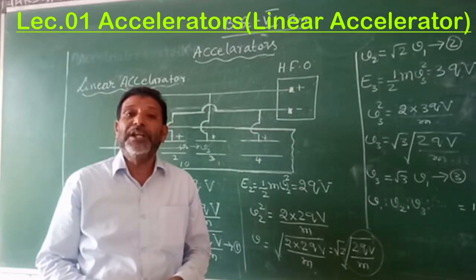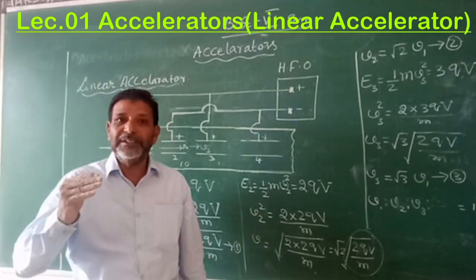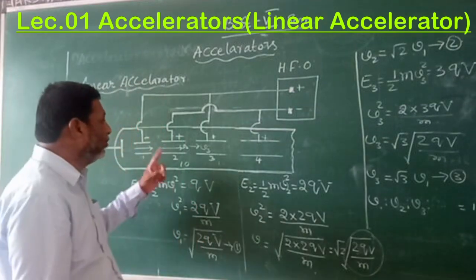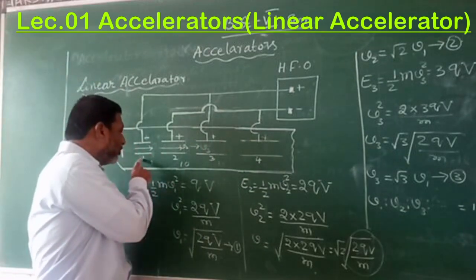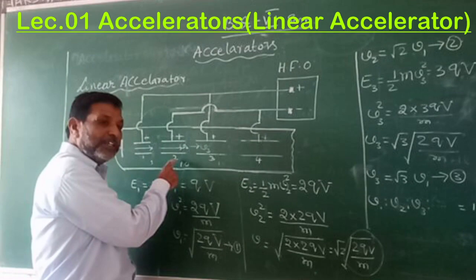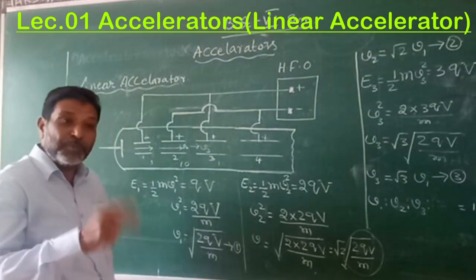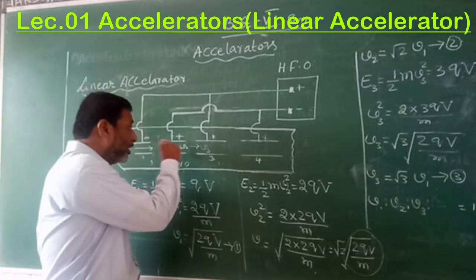You must calculate at what rate the lengths of the tubes should be gradually increased. That means if the length of the first one is some value, then what should be the length of the second, more than the first one? But how much more? Practically, you have to calculate and put that much length.